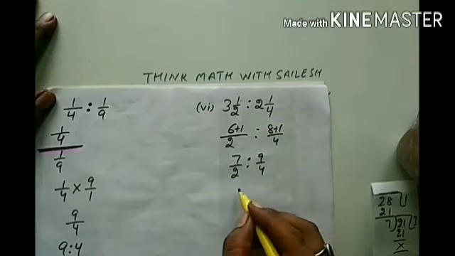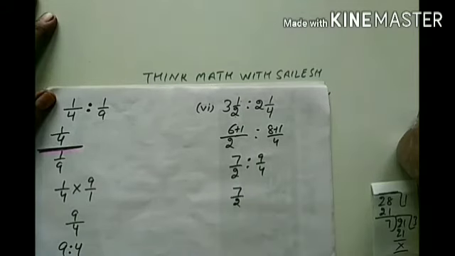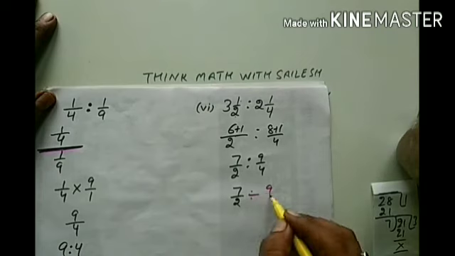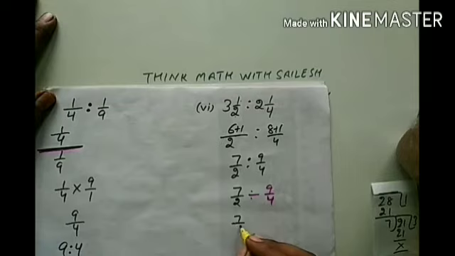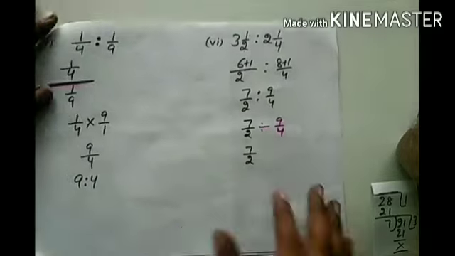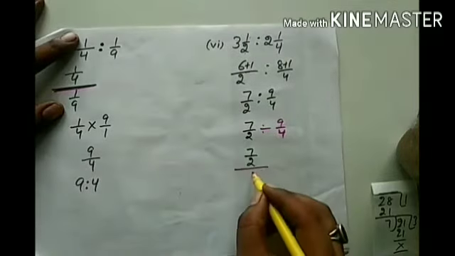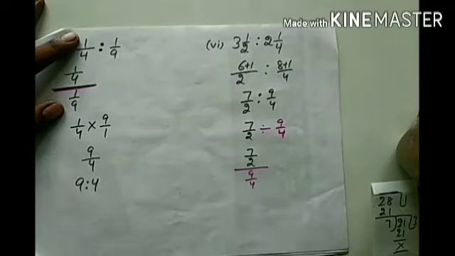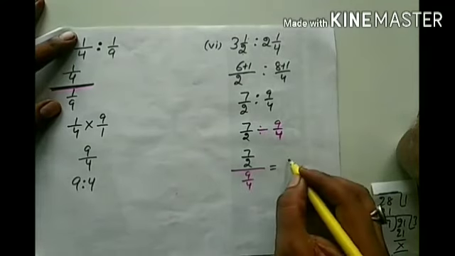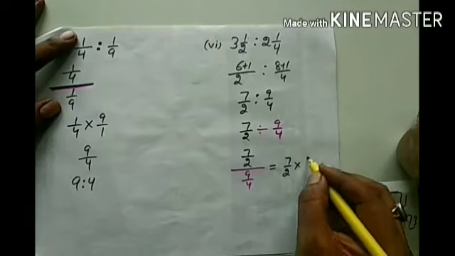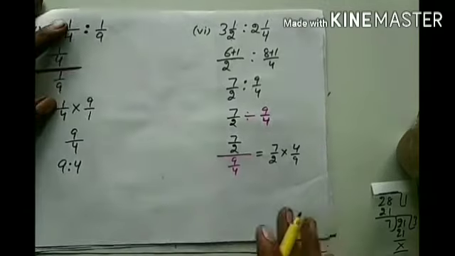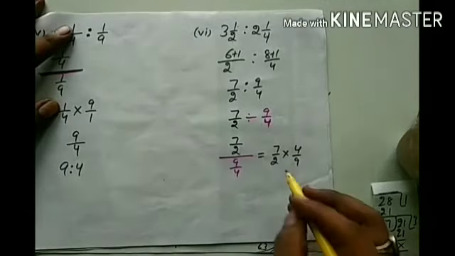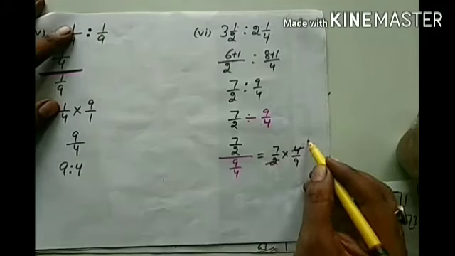Now 7 by 2 is divided by 9 by 4 as the fractional form. So I will write this 7 by 2 divided by 9 by 4. Now how will I convert this? 7 by 2 multiply 4 by 9. Here you can see 2 cancels 4 at the table of 2.